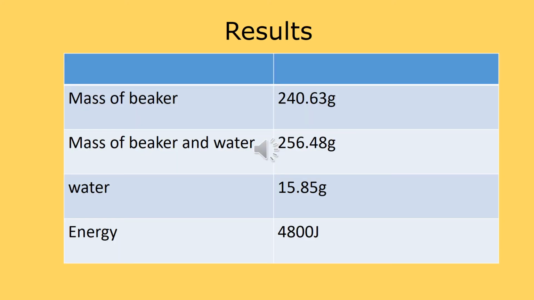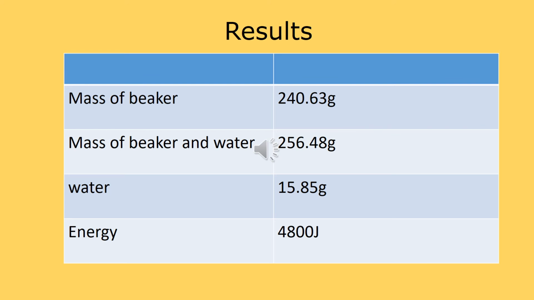Now, in true Blue Peter fashion, these are a set of results I got when I did the experiment. The mass of the beaker when it was empty was 240.63 grams. The mass of the beaker and water which we collected from the melting ice was 256.48 grams.